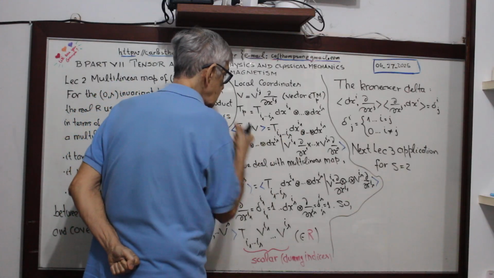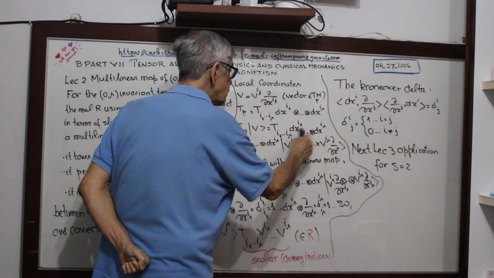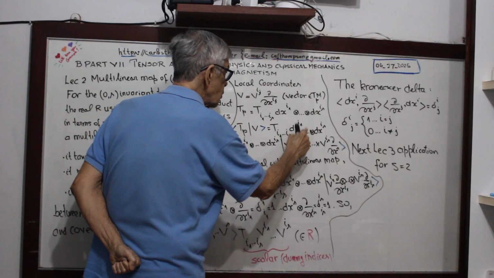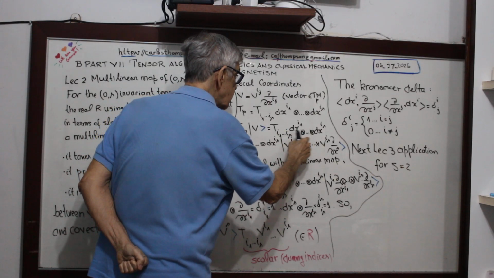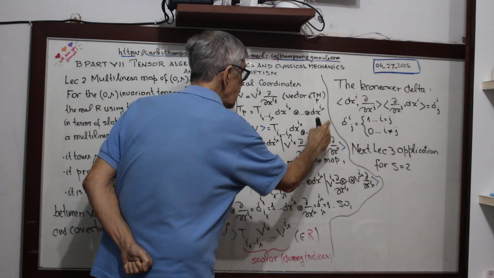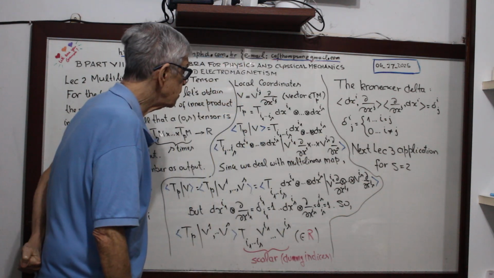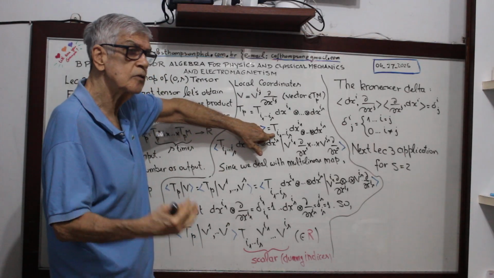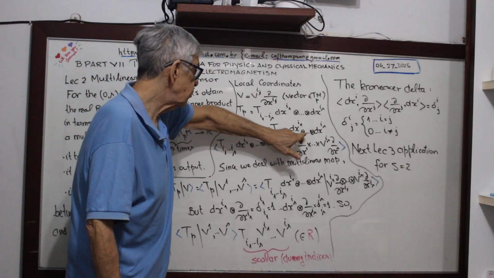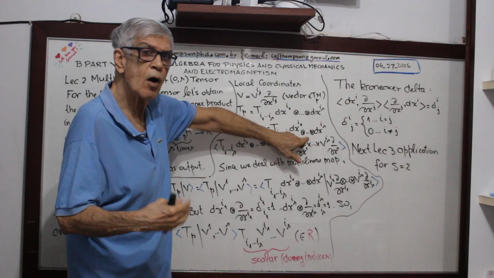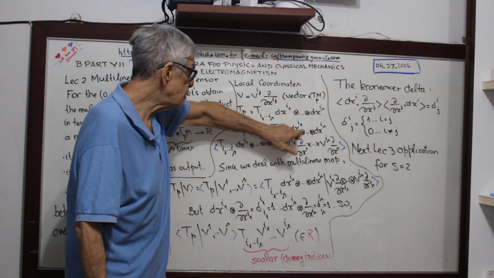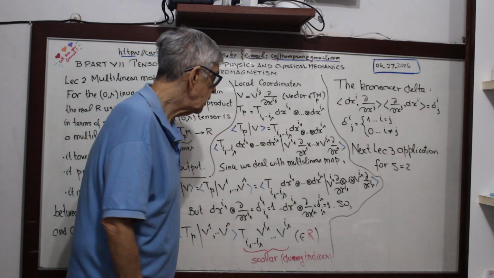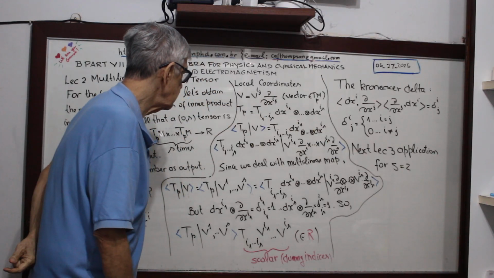So, using the basis covectors here, T_{i1...is} dx^{i1}, there's a tensor product, and dx^{is}. So this is the covariant component which belongs to the cotangent space, and these are the basis which belongs also to the cotangent space. dx^i, dx^j are contravariant, because here are upper indices.